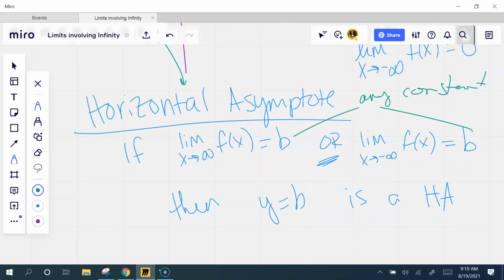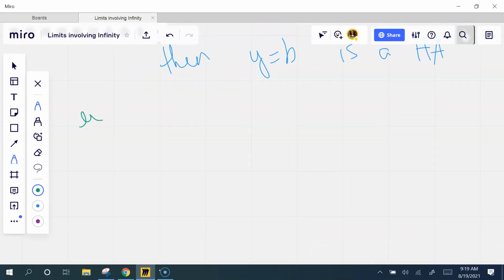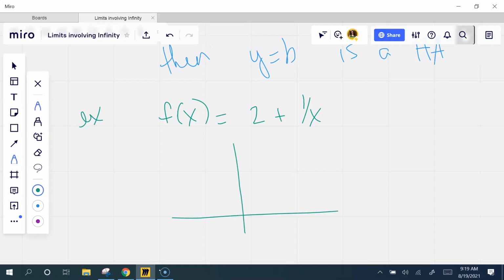So let me give you an example. Now, knowing function transformations, this is the same graph. The only difference is it's done what? It's up two. That's exactly right.